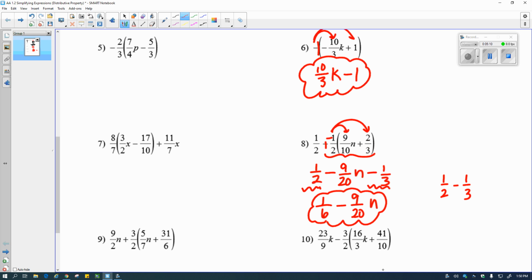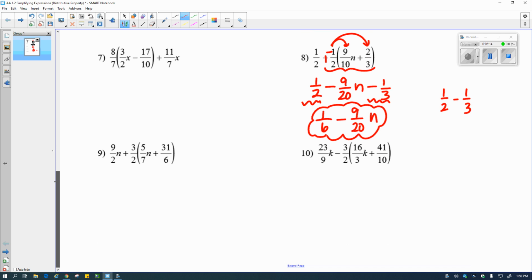Okay? So we're going to work through our very last problem, and then like I said, it's you on your own. Give it a try. Again, I have to do this multiplication first. So I'm going to treat that like plus negative 3/2. It's going to be multiplied by both parts. So this is going to be negative 3/2 times 16/3.